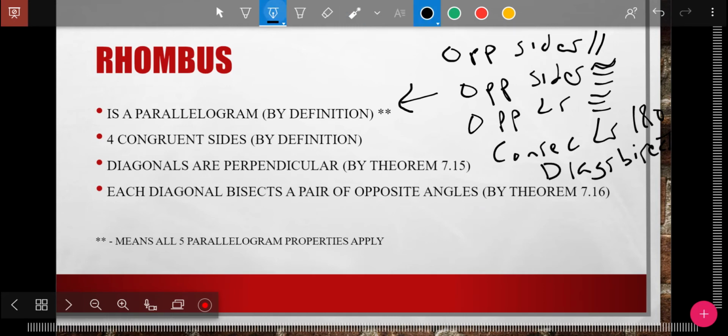That means when it meets in the corner, so if you have a rhombus and a diagonal bisects the corner, the diagonal splits the corner into 2 equal parts. Like if you knew the whole corner was 80, then those would both be 40.